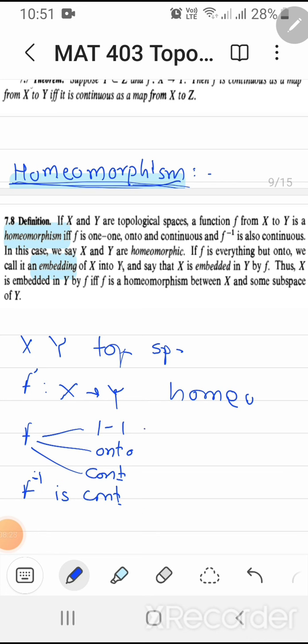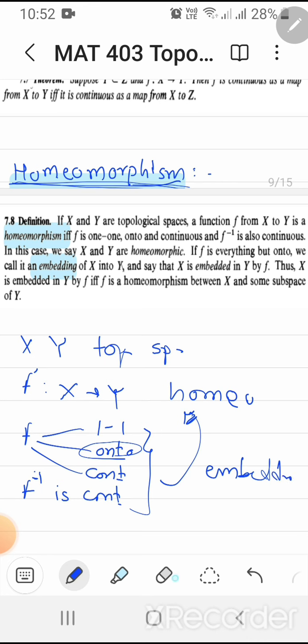By using these four conditions, f is a homeomorphism. And if f is everything but onto, then it is called an embedding.